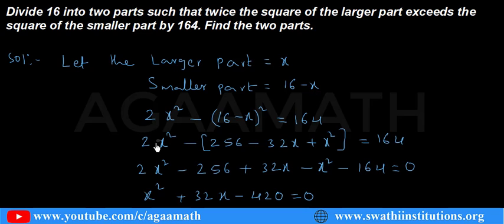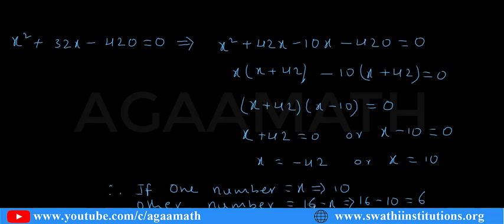According to the given condition, we framed the quadratic equation x square plus 32x minus 420. After factorizing, we got that 10 and 6 are the two numbers. Let us see one more question based on this problem on numbers.